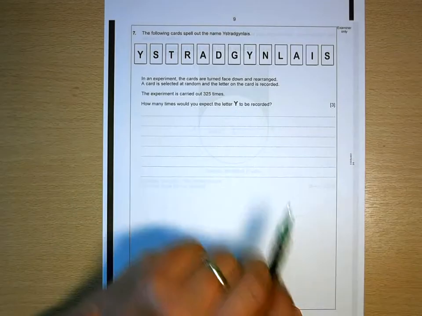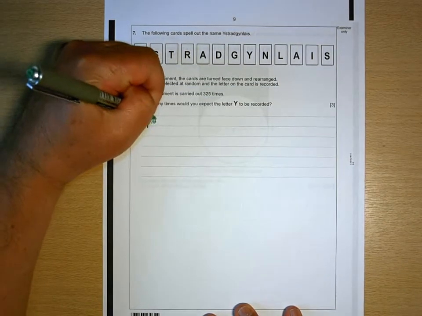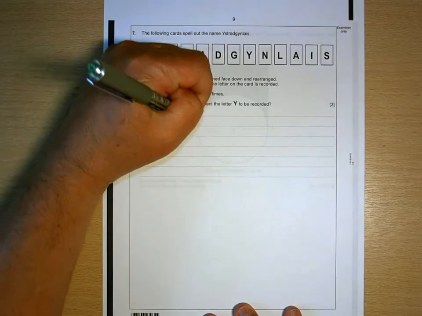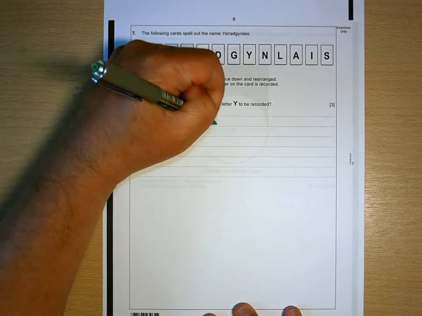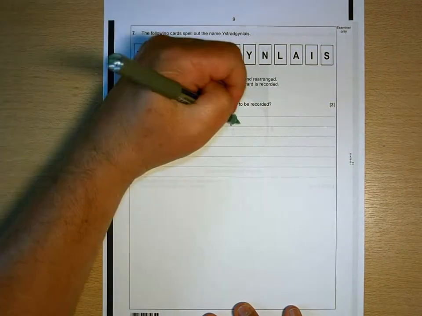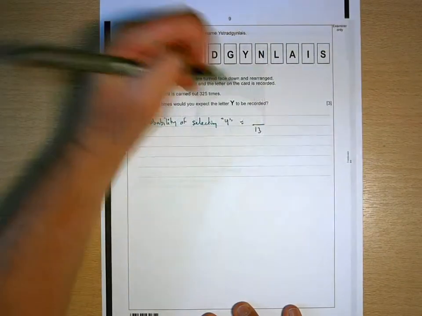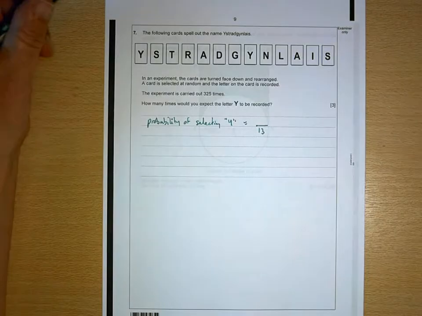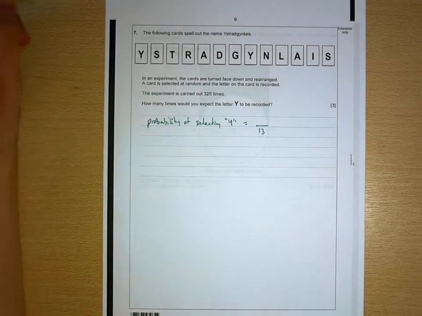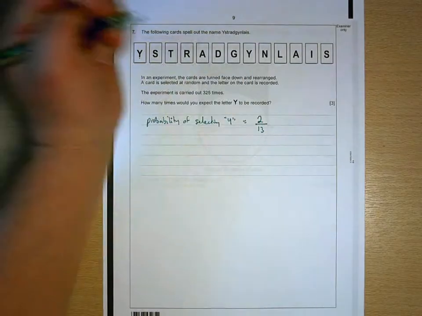So the probability of getting a y, the probability of selecting a y will be out of 13, because there are 13 cards in total, 2 of which are the letter y.